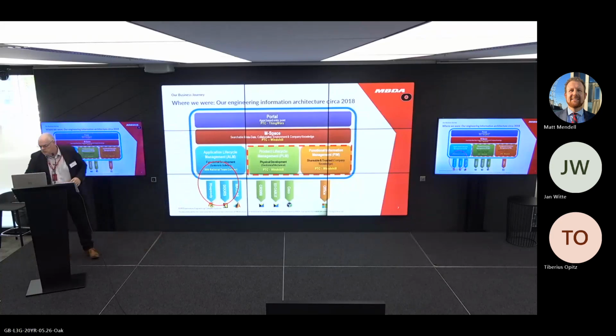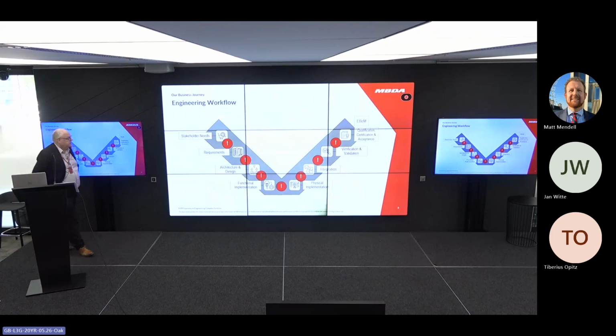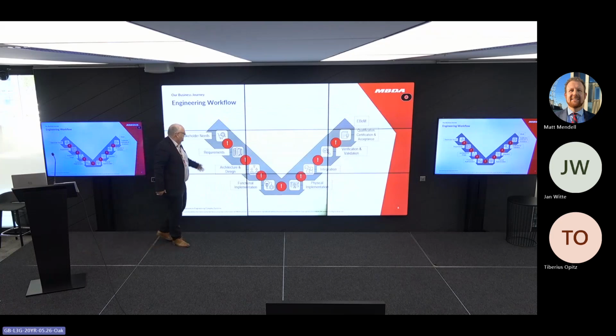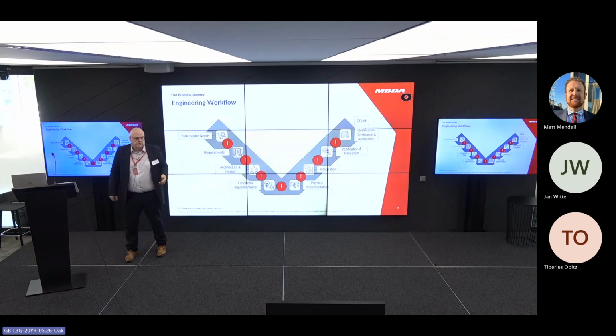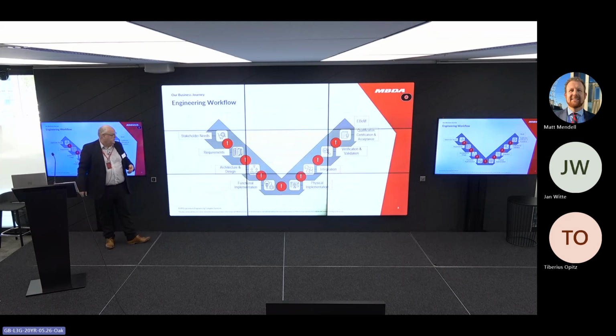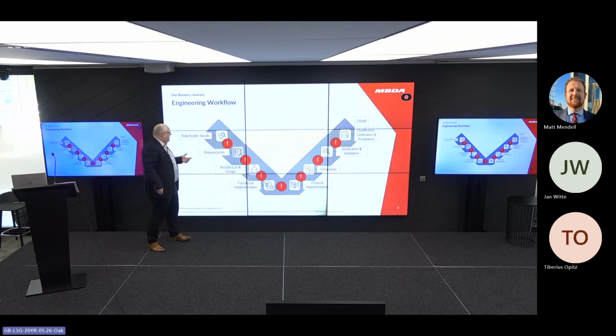Moving on from there, everyone has to have a V model in a systems engineering presentation, don't they? Here's ours. What we found was that every time we did something, there's a disconnect. Whether it's a physical disconnect because they're in a different company or a different nation, as Ian alluded to, we're international, or whether we pass things around because we can.